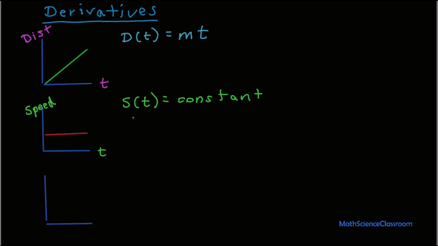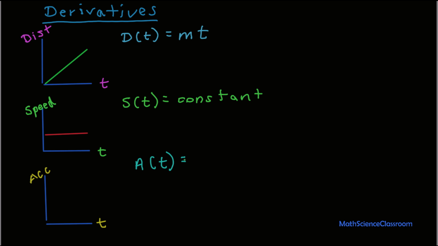When we talk about speeding up and slowing down, we're talking about acceleration. So in the next graph, we're going to describe the acceleration versus time. The formula would be acceleration, a(t) equals what?